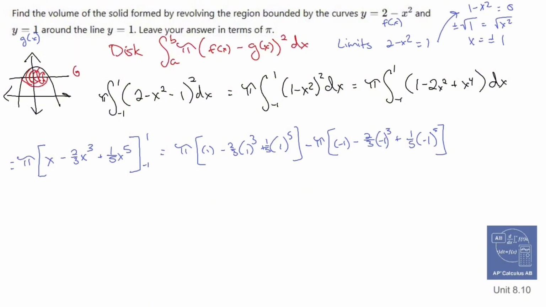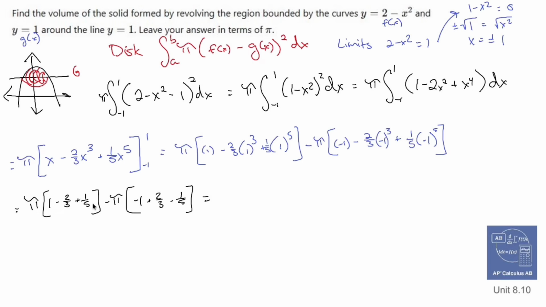Lots of the same numbers are going to be repeated, just opposites. Pi is still out there. We get regular 1, then 1 times negative 2/3 is negative 2/3, then 1 times positive 1/5 is positive 1/5, minus pi. For the second bracket, you're still negative 1, you become positive 2/3, and you become negative 1/5.